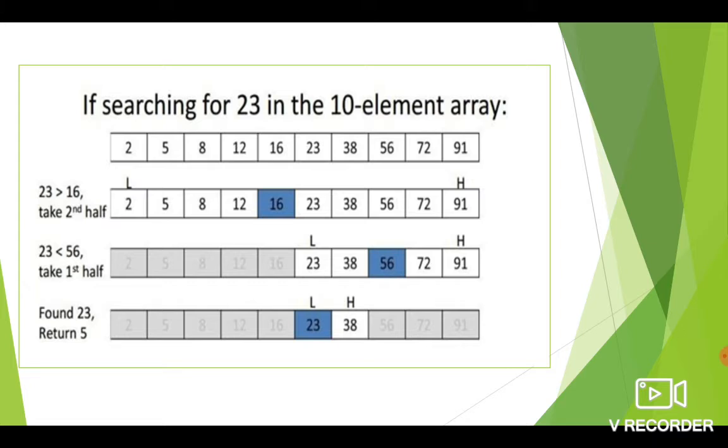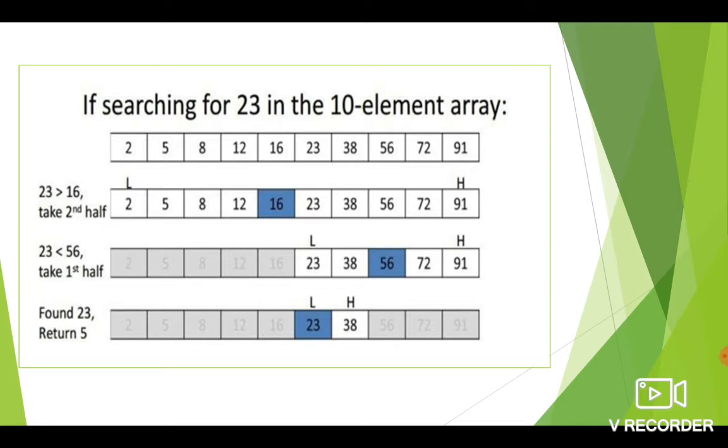There is no possibility for the value 23 in the left half, so there is no need to search the left half. That's why the elements 2, 5, 8, 12, 16 are shaded. We have to check for 23 only in the right half.